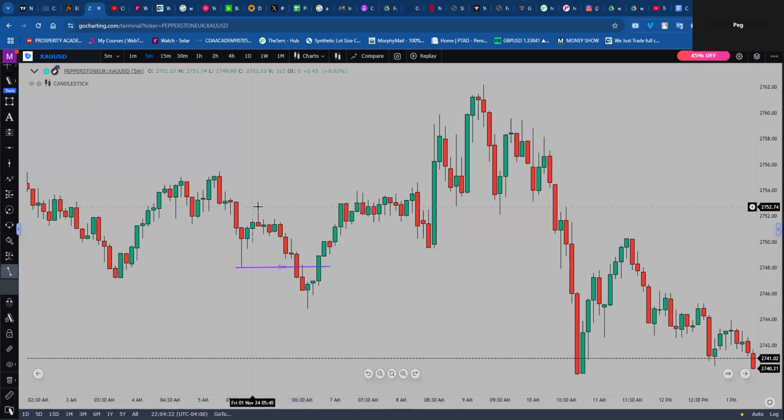It broke the high that sponsored the sweep, broke it with displacement, and we are up. Another example here. This is the liquidity zone. Price broke and moves to the upside.